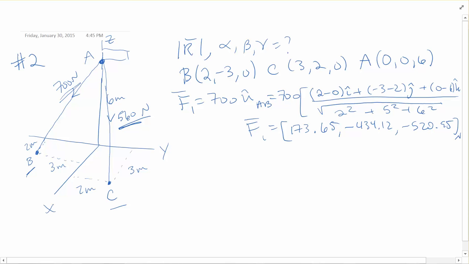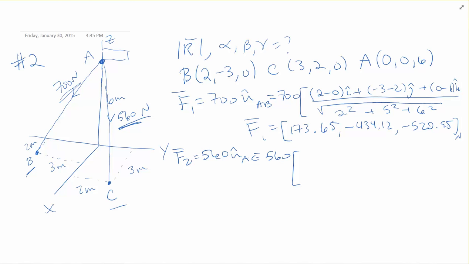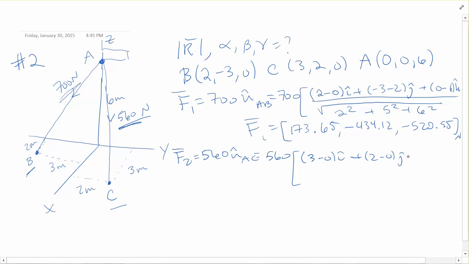Now let's do the same thing for the other force. Let's call it F2. We're going to have our magnitude times the unit vector for the line going from A to C. So now we'll have 560, and then we'll multiply by the unit vector. Again, we're going towards C, so we have the coordinates of C minus the coordinates of A. If we do that, we have (3 minus 0)i plus (2 minus 0)j, and then plus (0 minus 6)k, and then put that over the magnitude, which will be the square root of 3 squared plus 2 squared plus 6 squared.